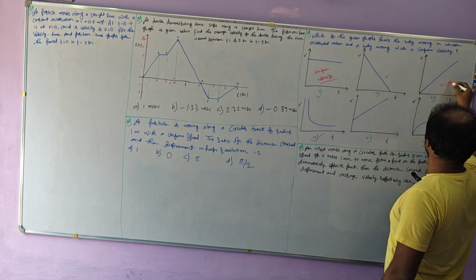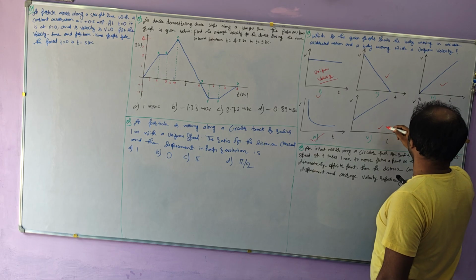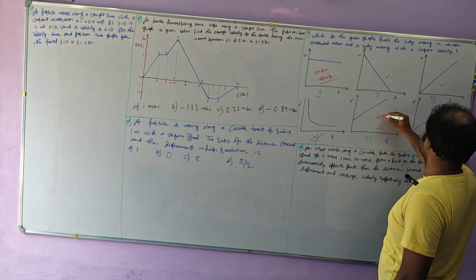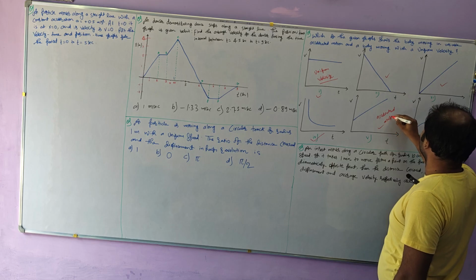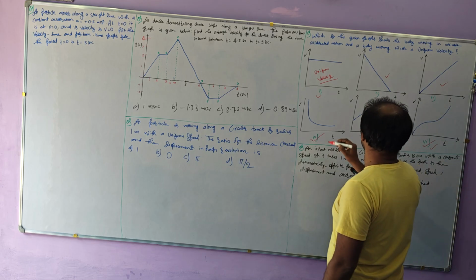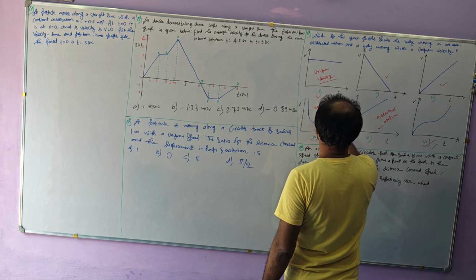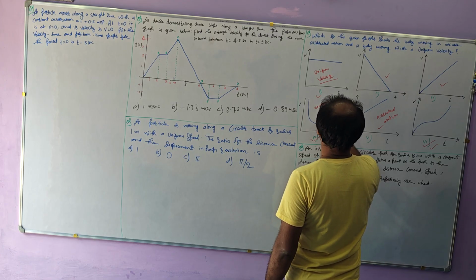And this graph and this graph and this graph is accelerated motion, and it is variable acceleration.